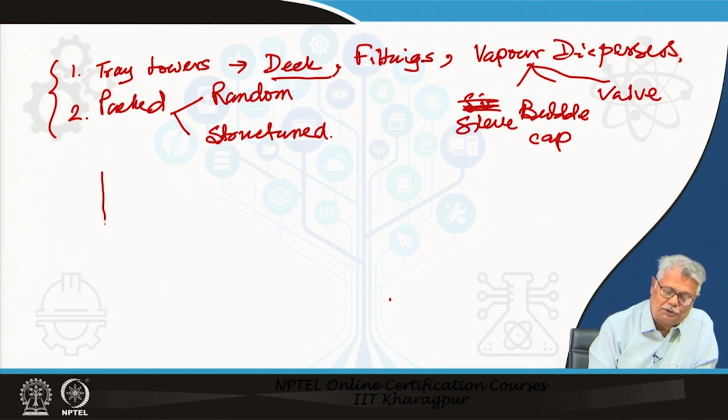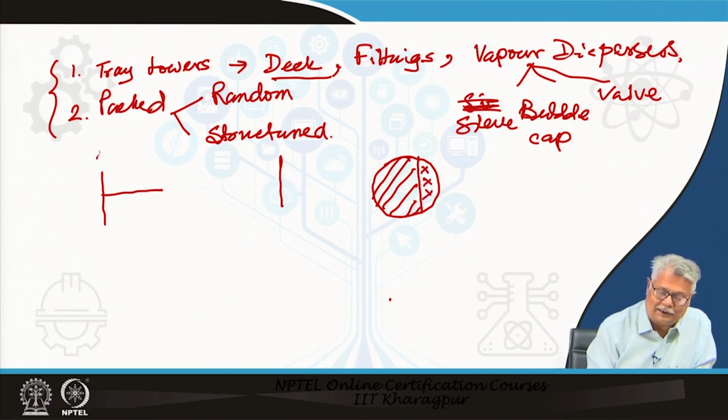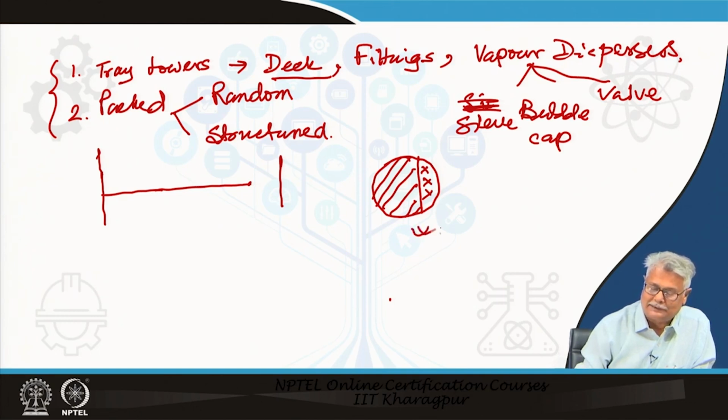If I want to show schematically, a tray deck basically is not a complete circular disc. It is only this part which is present, and this is not there. That means, if I draw schematically, it will come only up to this, and if I take a plan, the plan should look like this.